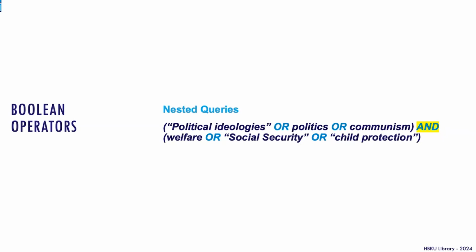It's as if I'm telling the database: give me everything about political ideologies with all the keywords that I mentioned, and everything related to social policy with all those keywords, both in separate parentheses. This one search saves me the time and effort of doing 7 and 8 search syntaxes instead of 1.